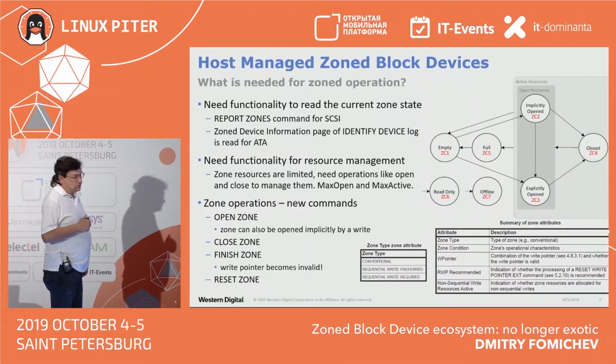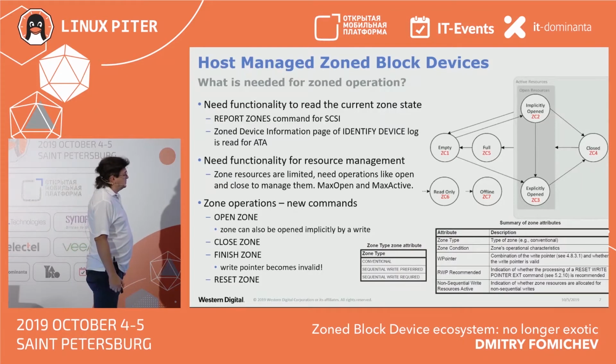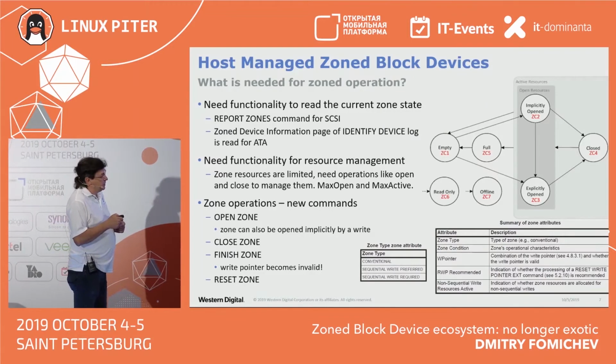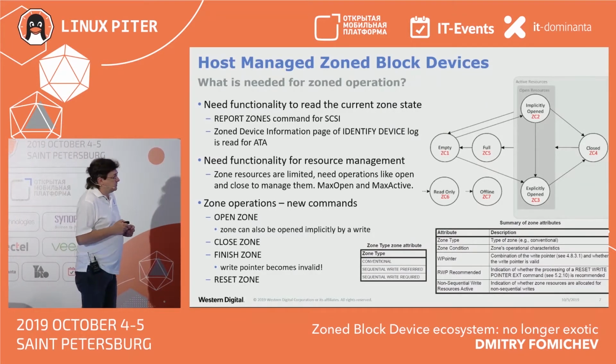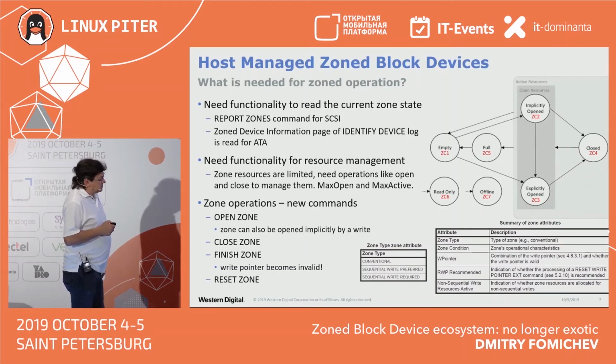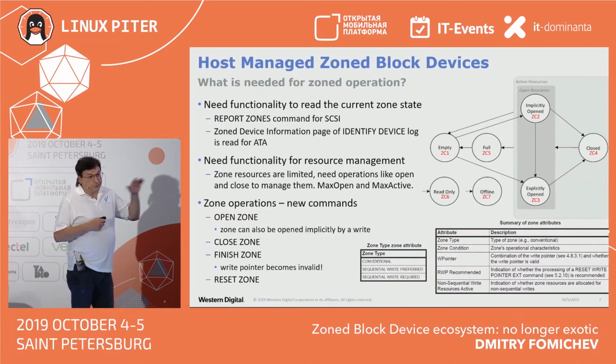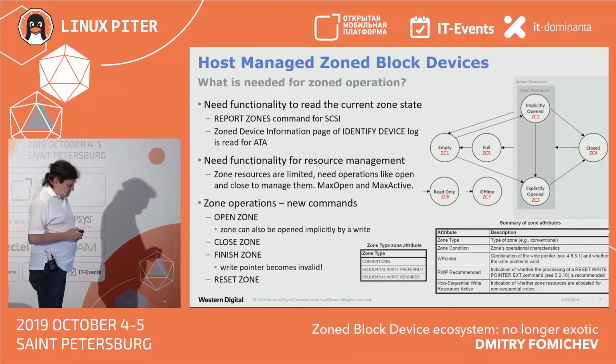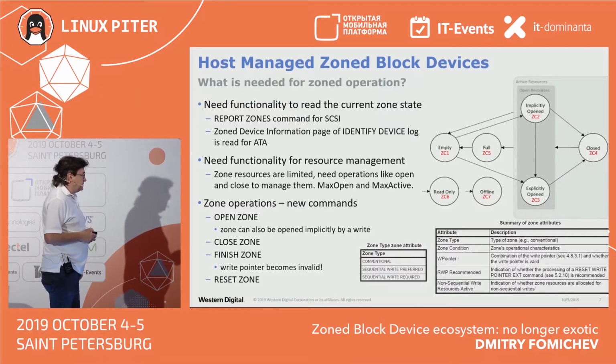And of course, reset zone, we already know that it's necessary. And actually, for the application, it's not necessary to use these three operations, because if we do implicit open, just by doing I/O, there's another option, there's auto close. After max open zones were opened, the hard drive will automatically move some of the zones, in an LRU manner, right? They will go to closed state. And so that's how it operates. I think it's pretty simple.